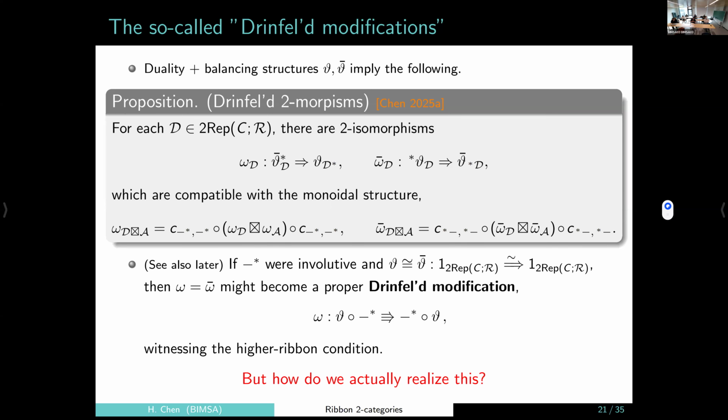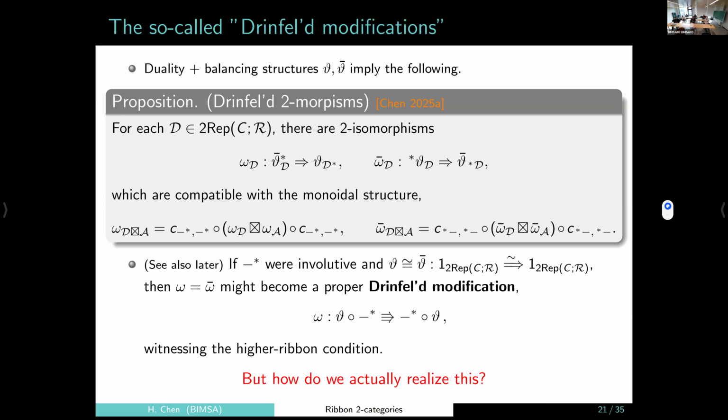You can just write it down, and they're coherent against the balancing equations or balancing two-morphisms. So now you notice that I have these guys, and suppose I can identify somehow theta and theta bar, right? Then these guys give me exactly what you expect for a ribbon structure.